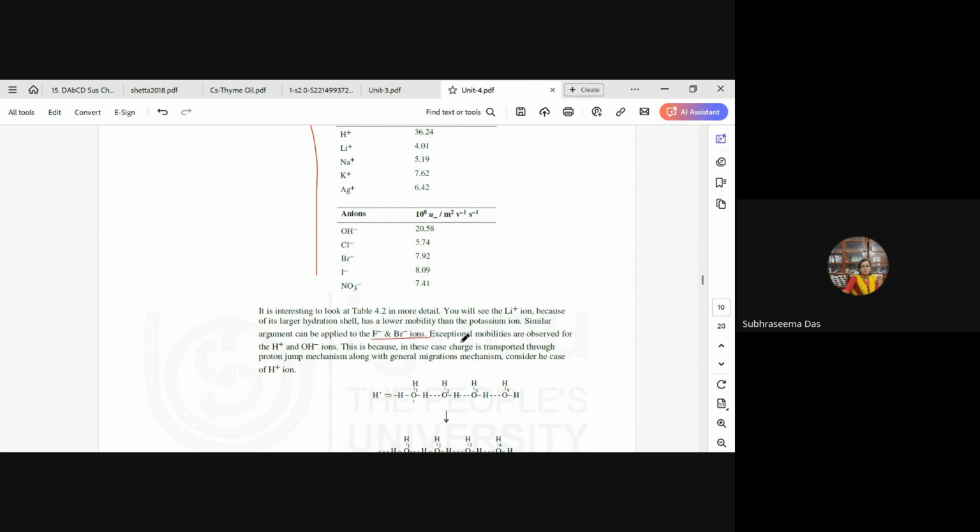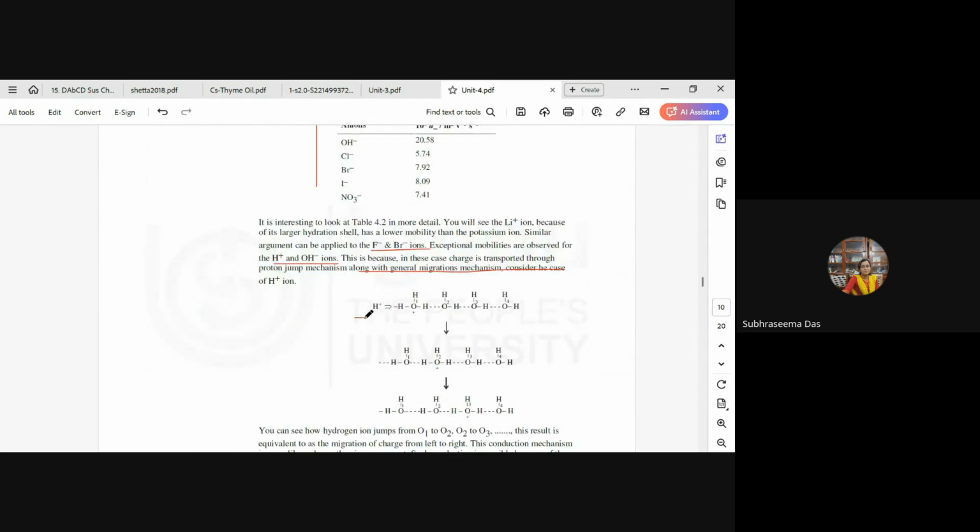But very exceptional mobilities are observed for H plus and OH minus. This is because the charge here is transported through a proton jump mechanism along with other migration mechanisms. Like here, if we look at H plus, there is a proton jump which helps in the transport number.